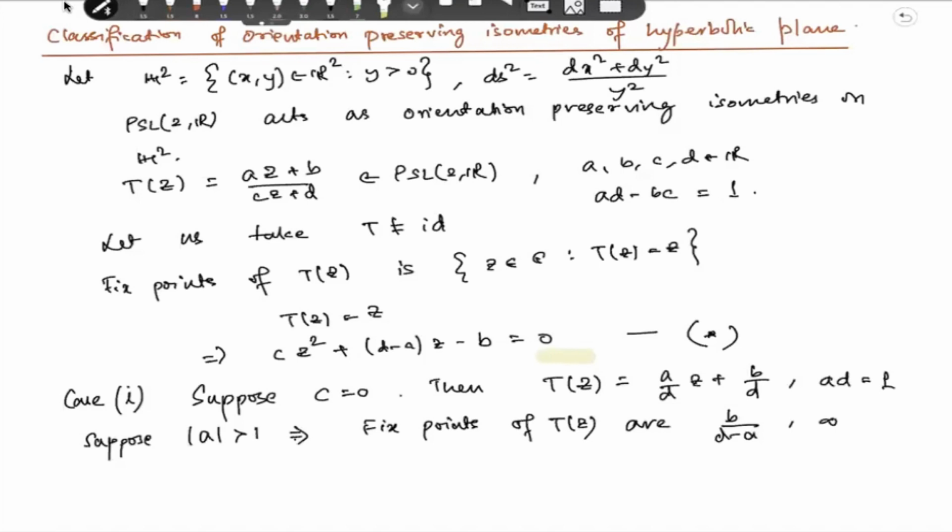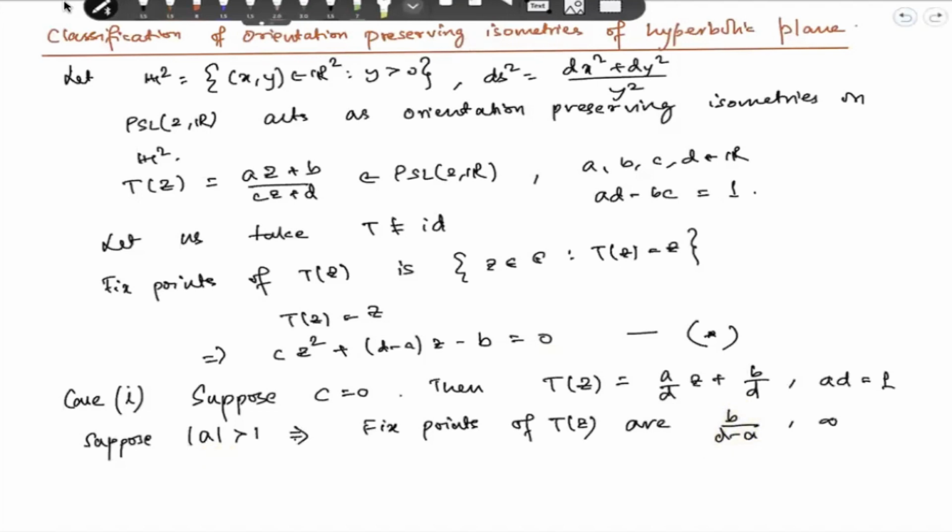So mod of a greater than 1 implies that d is not equal to a. Therefore b by (d minus a) makes sense, it is again a complex number. Therefore, fixed points of T(z) are b by (d minus a) and infinity.